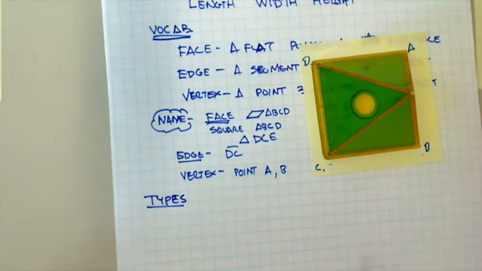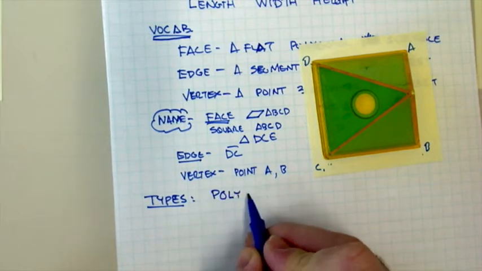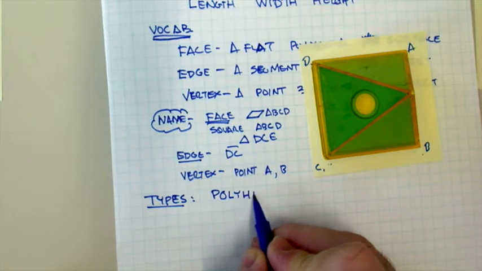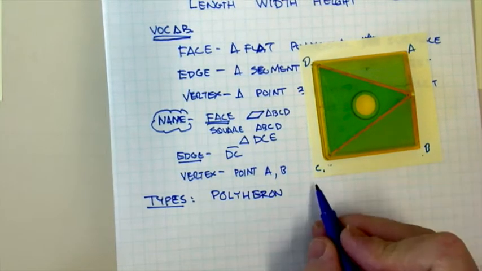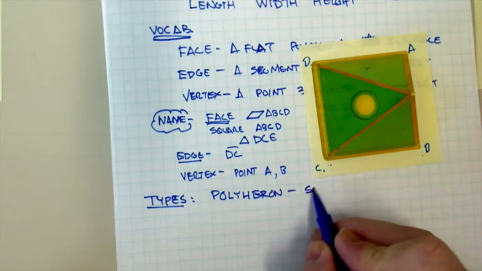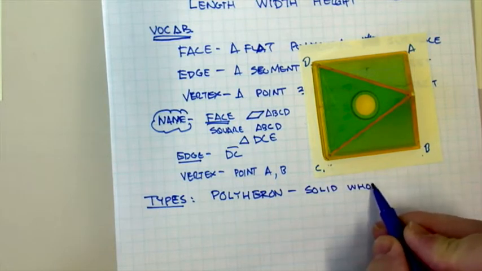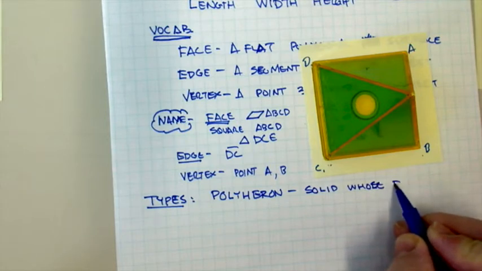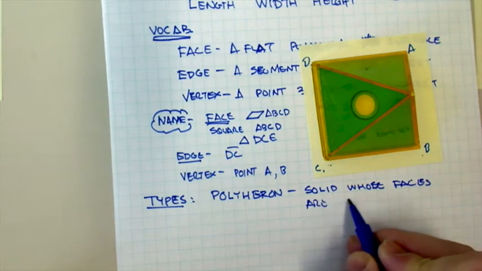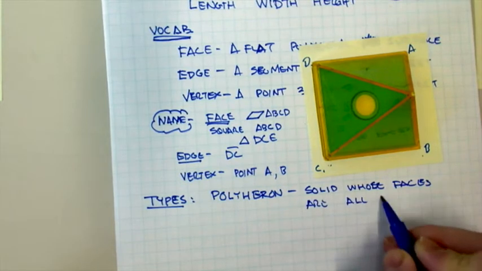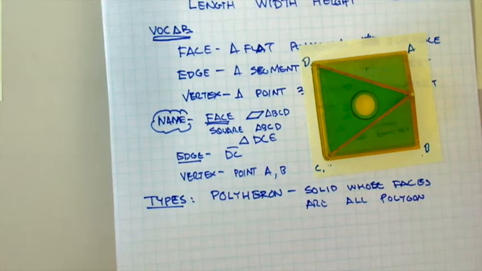So first of all, I have a general term called a polyhedron. A polyhedron is a solid whose faces are all polygons. It's just a general category.